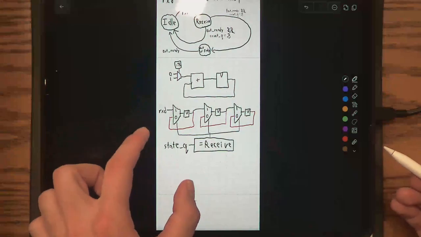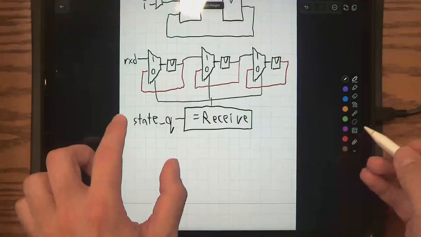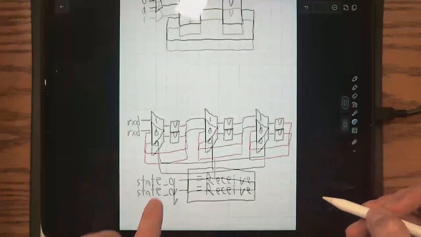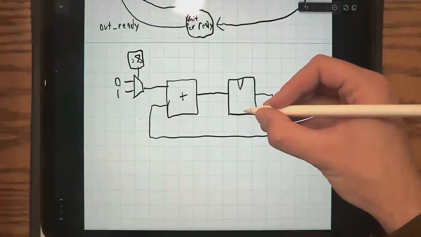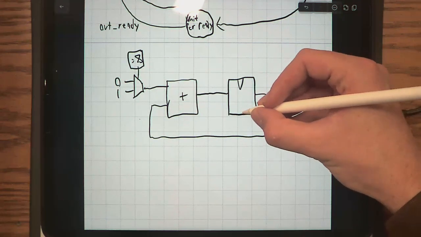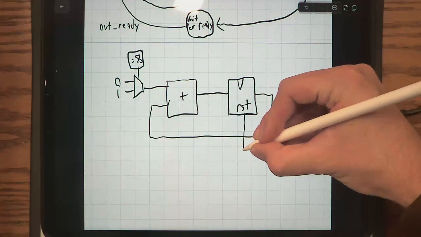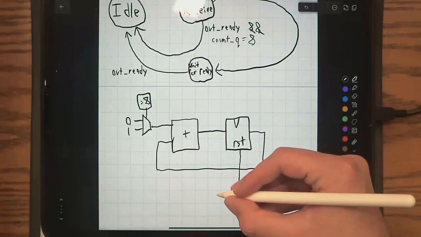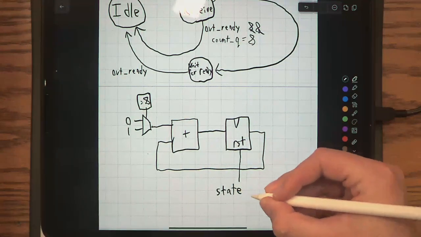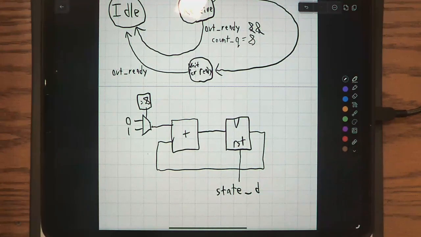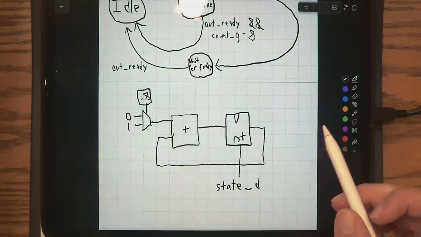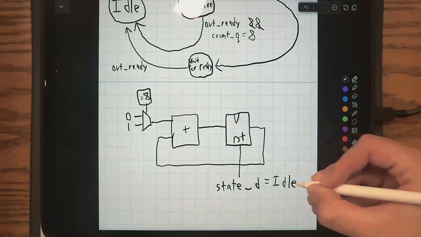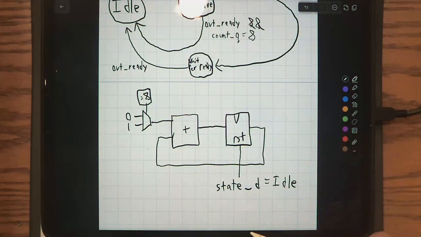So I'll add in another thing right here. So we can say, for this counter, that reset is when state D, meaning the next state, is going to be equal to idle, then now we are going to reset.